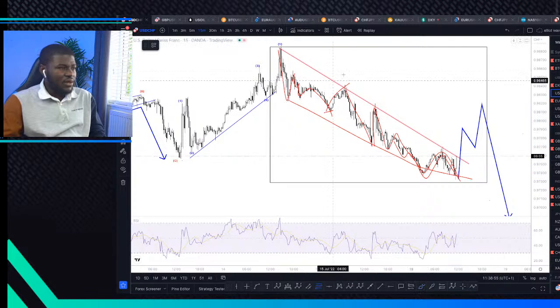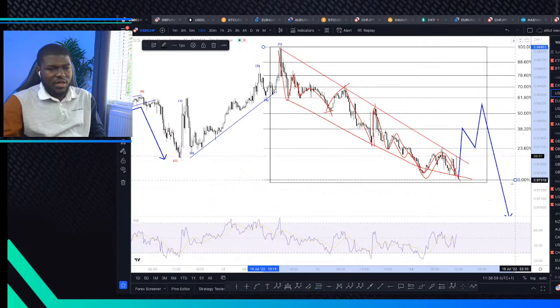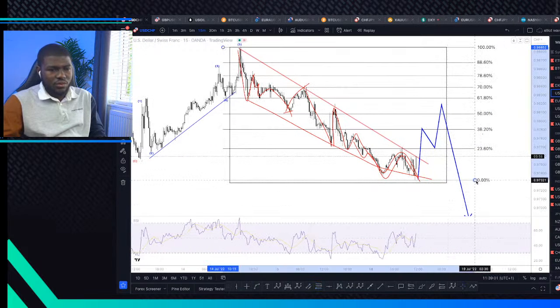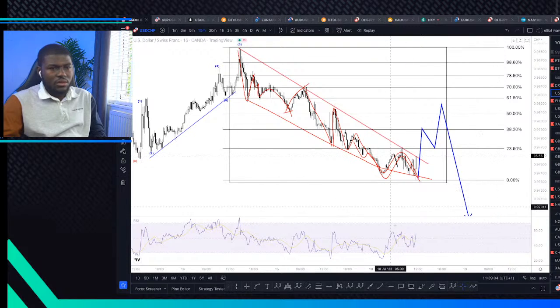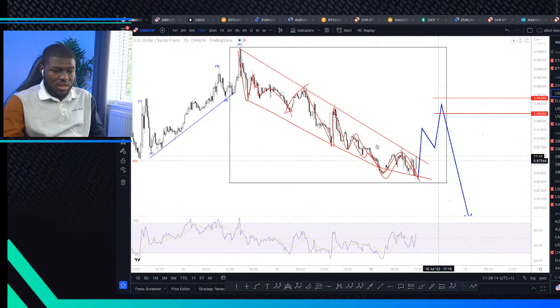So let me use my Fibonacci to see what levels are the potential reversal zone. Yep. The potential reversal zones are the 50.0 and 61.8% of the whole of that bearish wave to the downside.